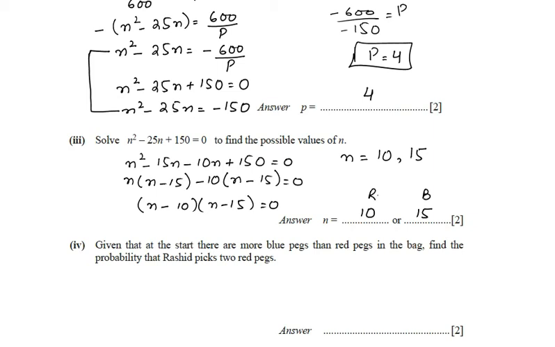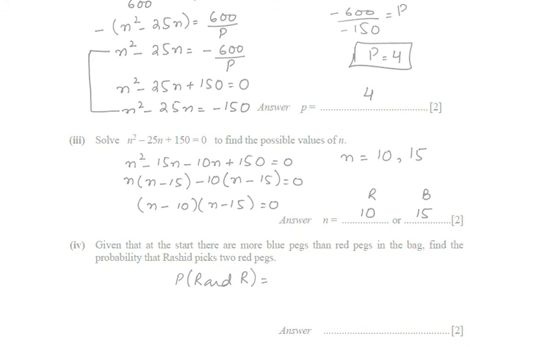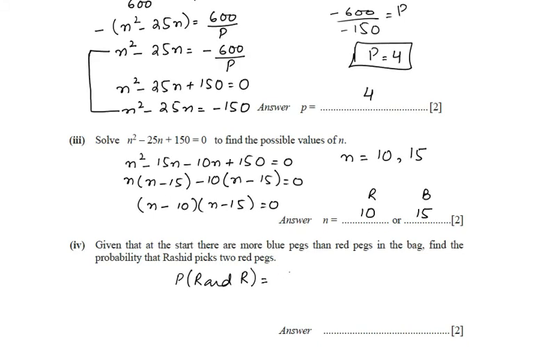Now they are saying find the probability that Rashid picks 2 red bags. Okay, so as we know that here we have 10 red bags, the probability of red and red is equal to, we have 10 red bags, so it's 10 upon 25, because we have a total of 25 bags.